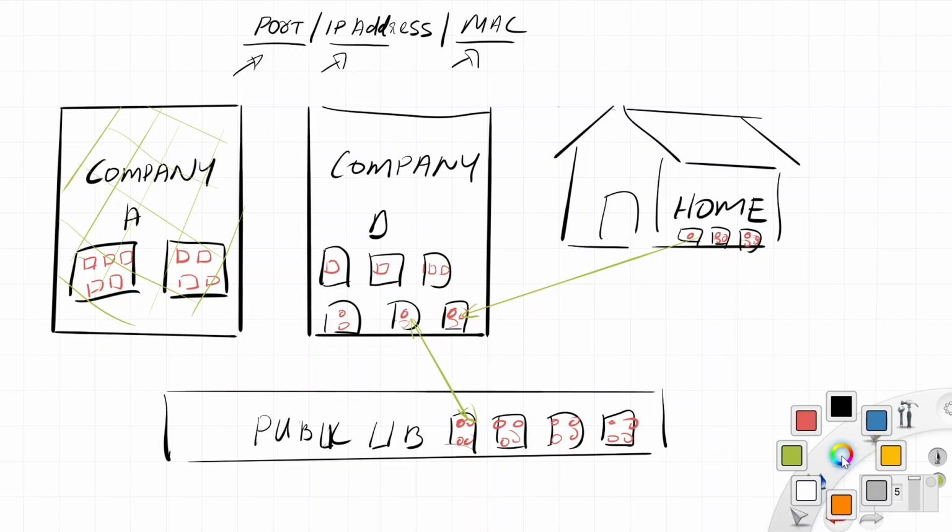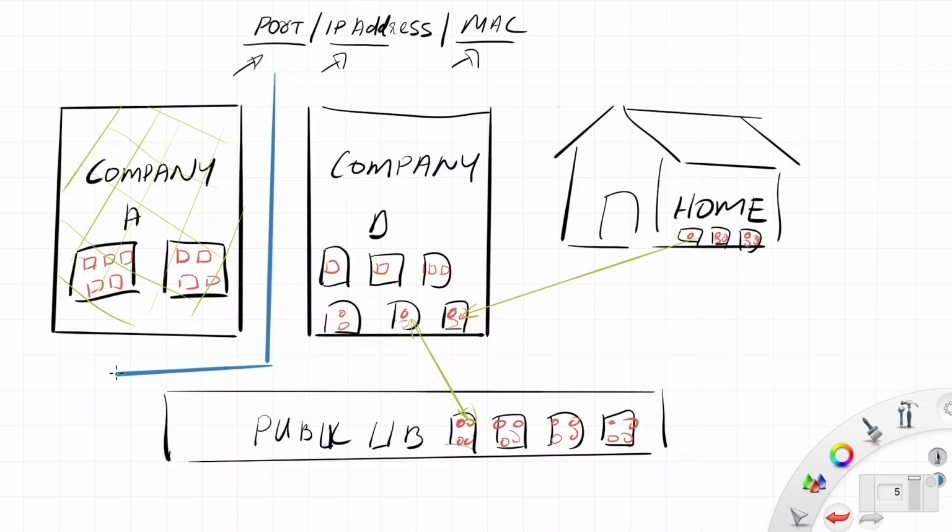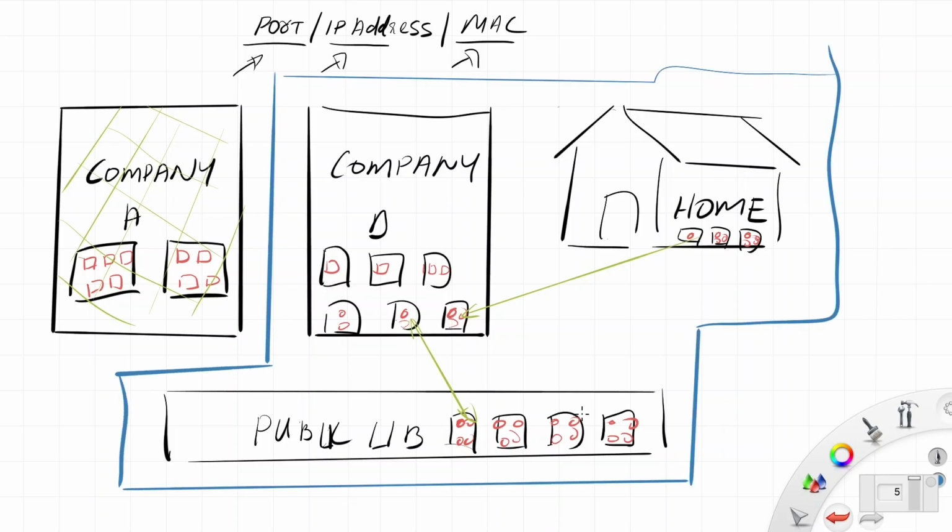So in terms of computing, let me draw the network perimeter. This blue box which I have drawn right now is the network perimeter for company B, home, and the public library. Now, company A is not connected anywhere. Company B has a connection outside, but company A is very private.